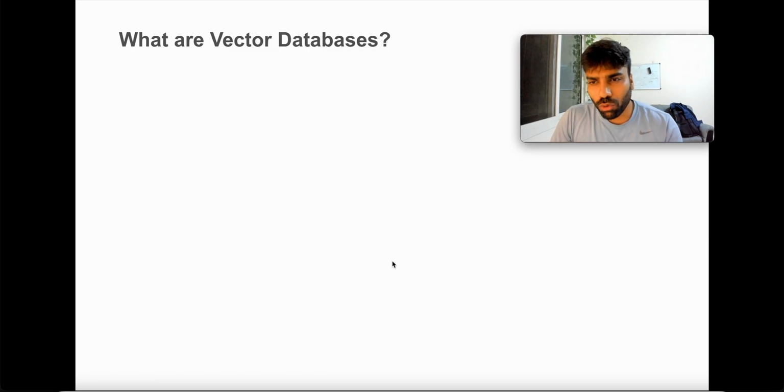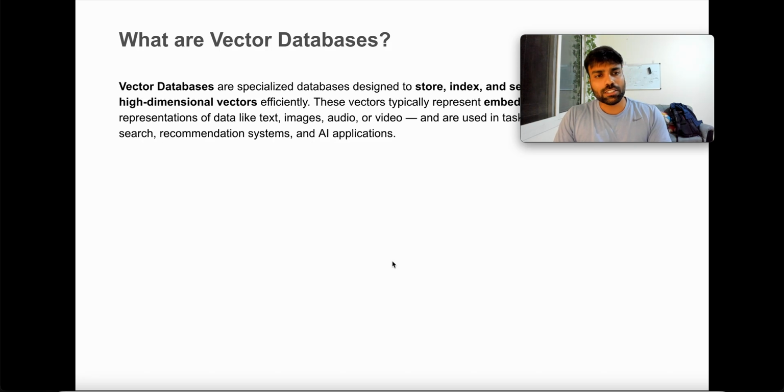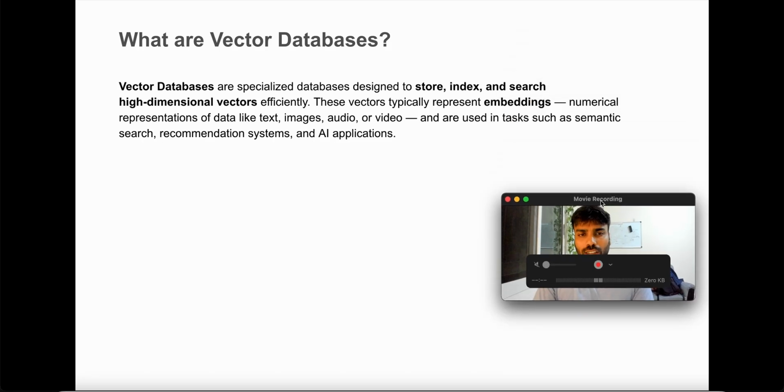Okay, moving forward to what vector databases are. Vector databases are specialized databases designed to store, index, and search high dimensional vectors efficiently. The models give us n-dimensional vectors, and now these vectors need to be stored properly in an optimized database so that we can query them efficiently.